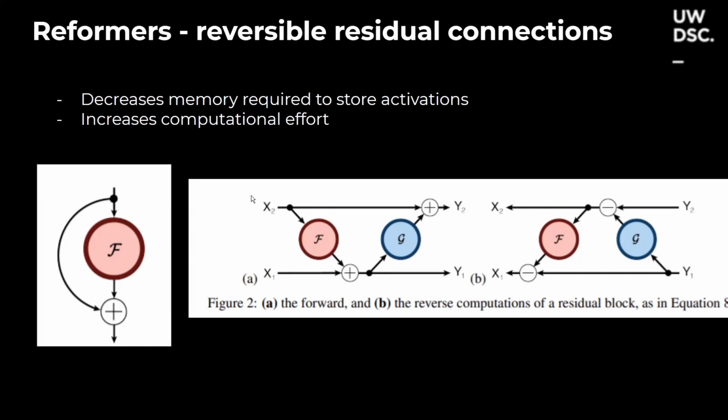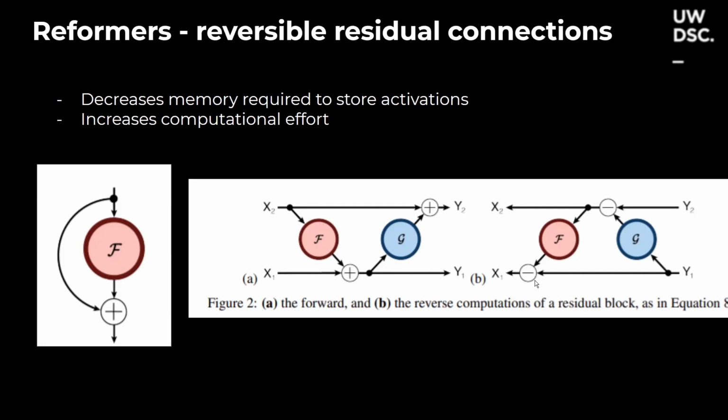So they decided to split the input into 2 chunks, and then to find the input of right here, you would only have to subtract this function to get there, if that makes sense. And then to get from this point to this point, you only have to subtract the function f, which is basically what is set here.